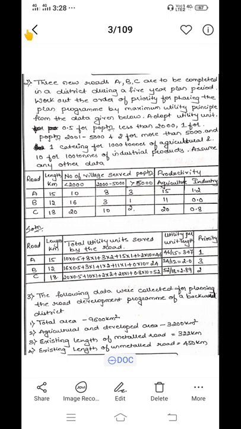And there are 3 villages whose population is between 2001 to 5000, so 3 into 1, plus there is 1 village whose population is above 5000, so 1 into 2. Why? Because 2 is the utility unit for population having more than 5000.